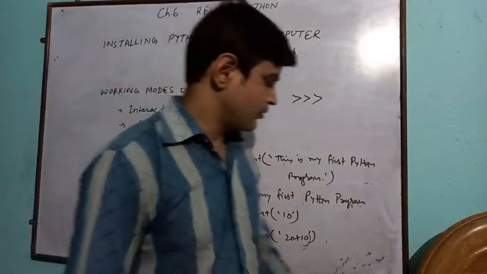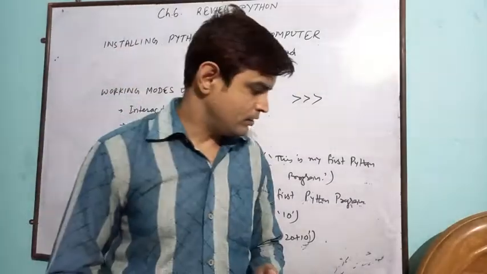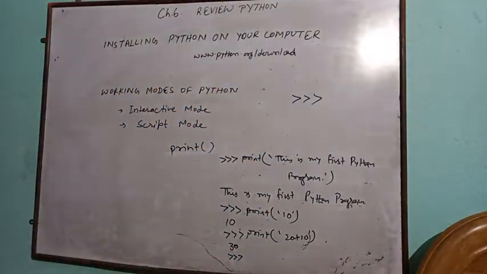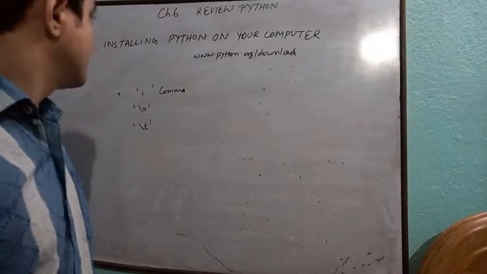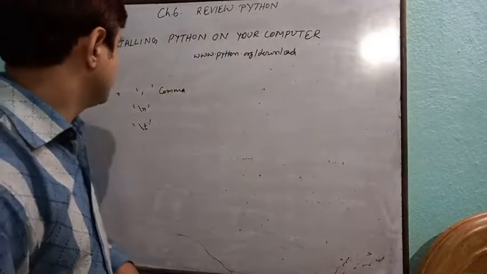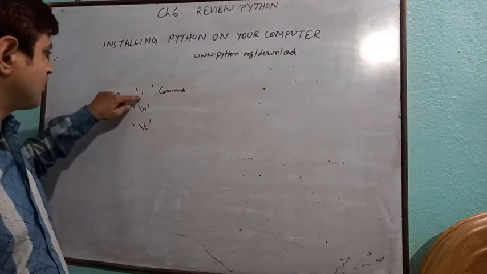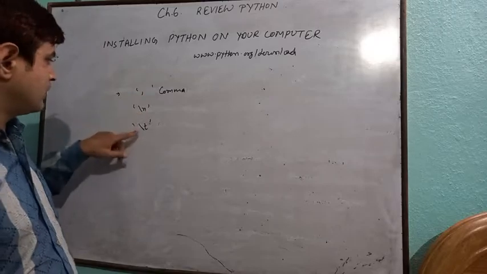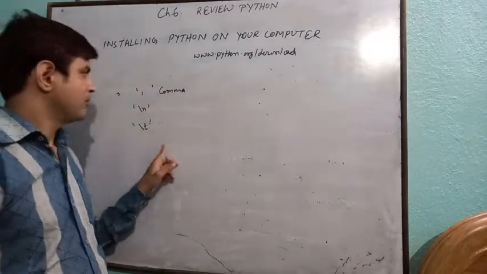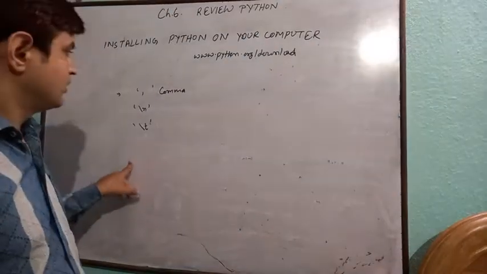Now we can use some separators with the print function. Let me erase this. We can use many separators with the print function. For example, here we have noted some separators like comma, /n, /t. Let us understand the use of these separators.